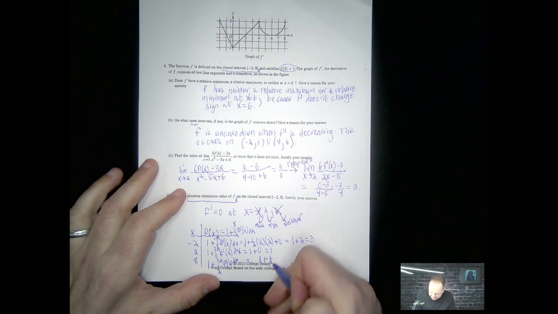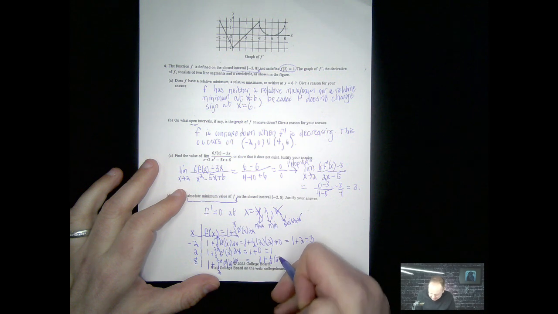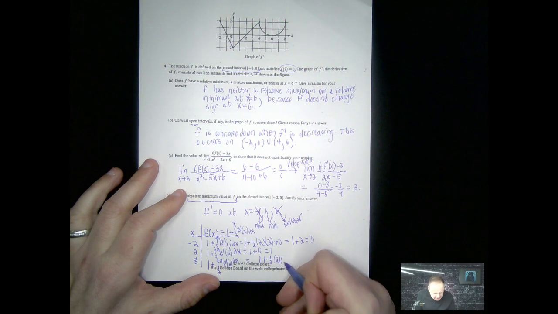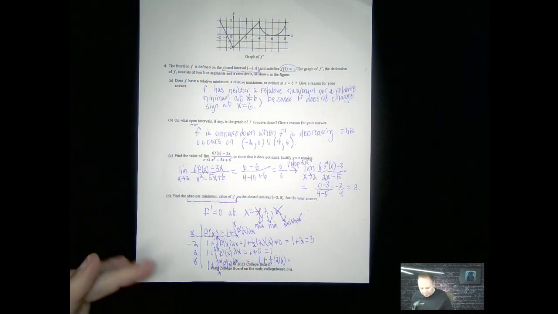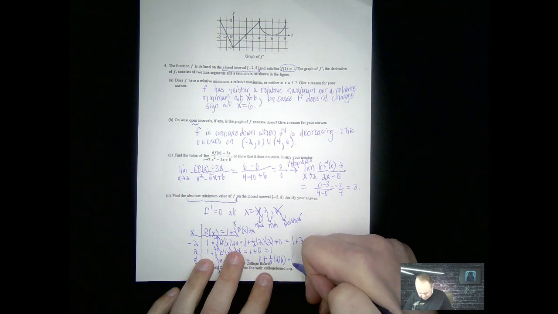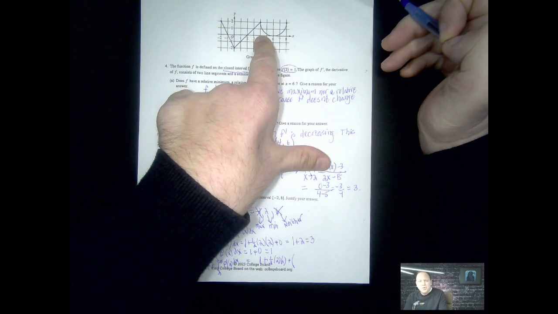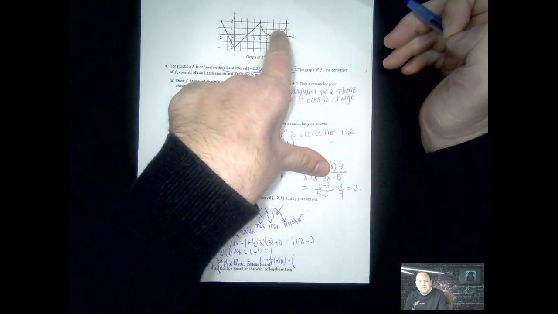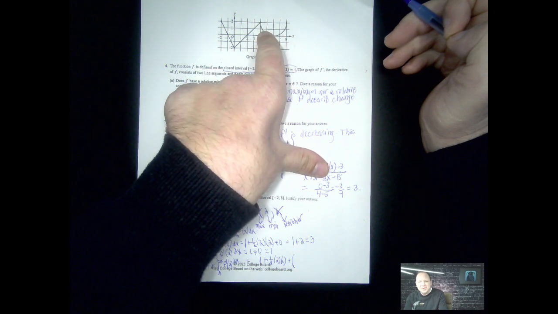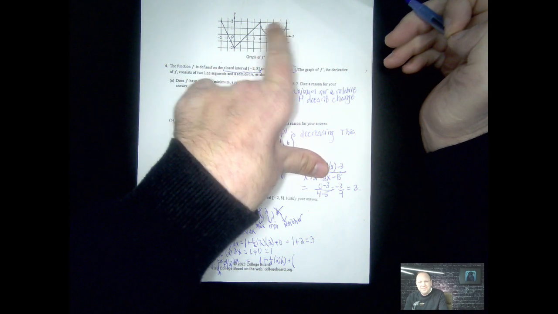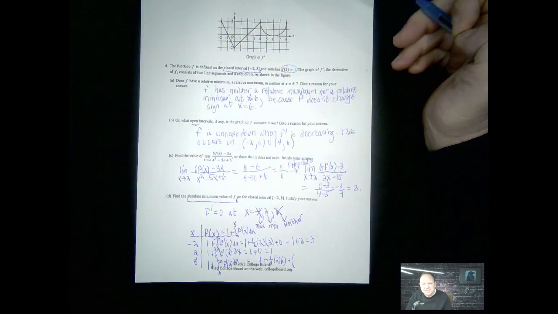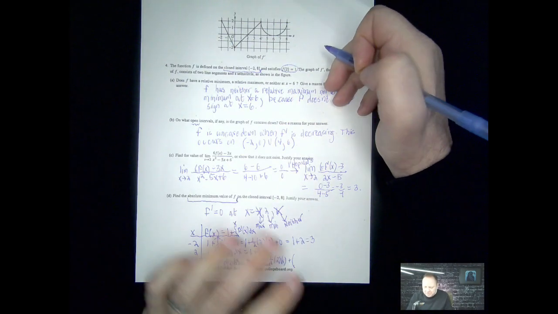1 plus, now from 2 to 8, I can get this 2 by 2 area of that triangle. That area is going to be positive because I'm going left to right, and that's above the x-axis for f prime. So that's half of 2 times 2. Now this is where some of the students might have made a mistake. You're like, well, wait a minute, the half circle's area is up here. I need the area between the curve and the x-axis. Well, just make a big rectangle out of this.